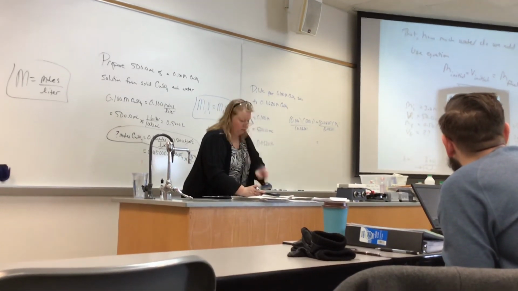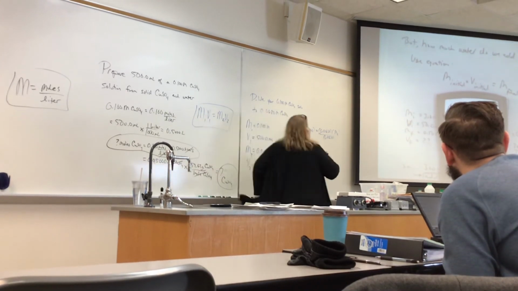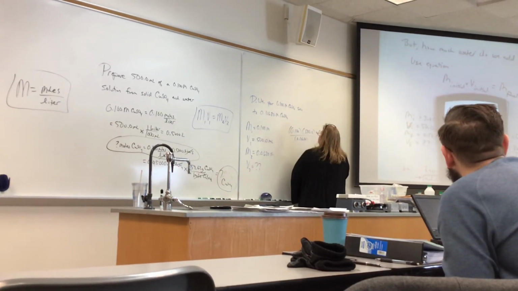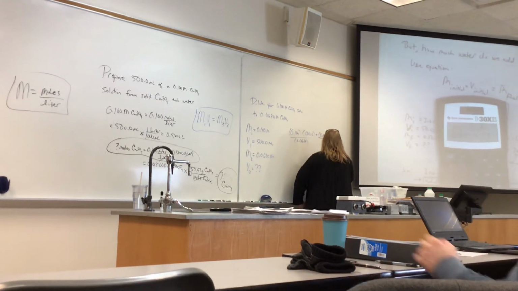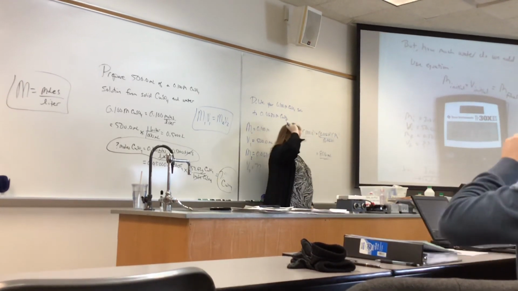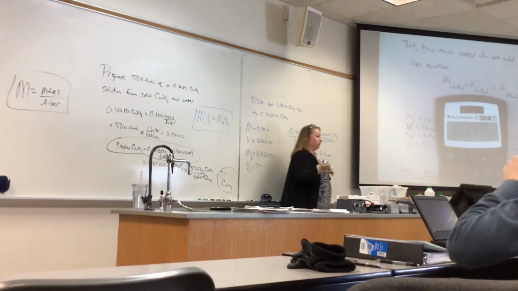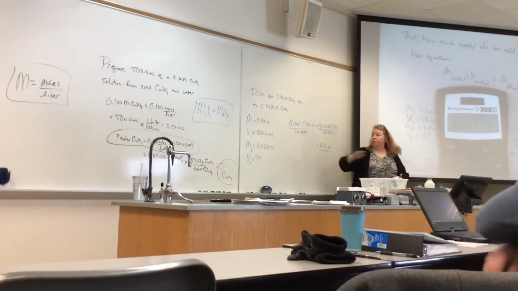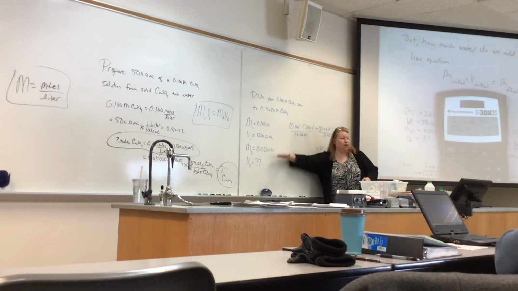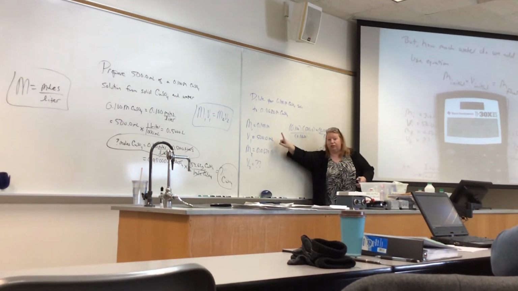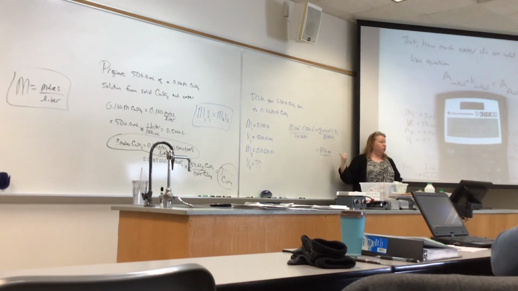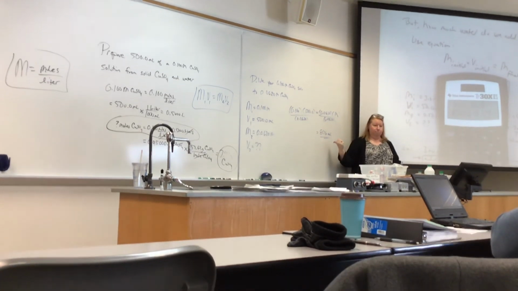I get 806.45, and we have three sig figs at least, so I'm going to put 806, and I'm going to make sure I use the same units for my volume, milliliters. Okay, so this is a case where you don't have to switch to liters when you're using the dilution equation, but make sure your volume units are exactly the same. If you already have the one given as milliliters, you leave it that way, and your answer is going to be the same unit for the volume, okay?